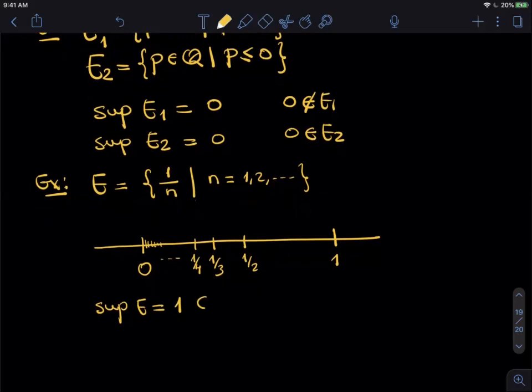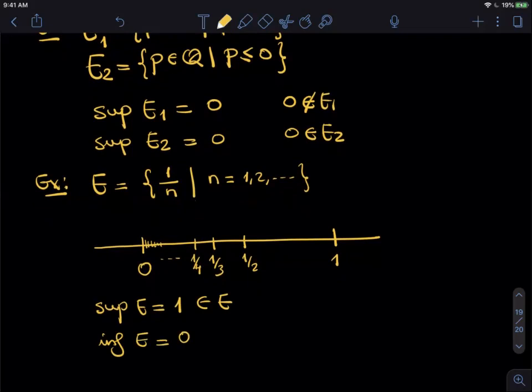And in fact, 1 belongs to E. But if I take the infimum, the greatest lower bound, the greatest lower bound is going to be 0. Any number to the right of 0, and I will be leaving out most of the sequence.